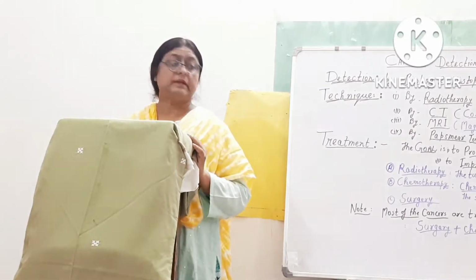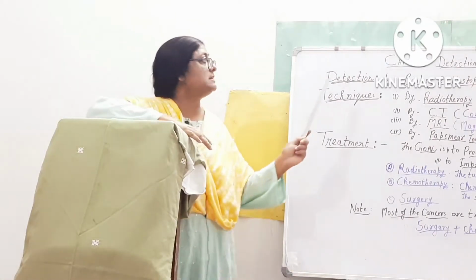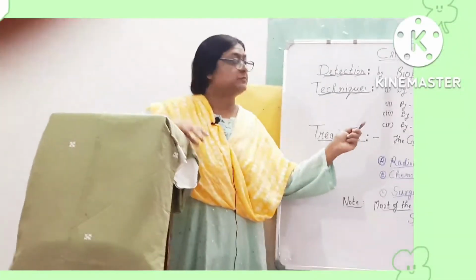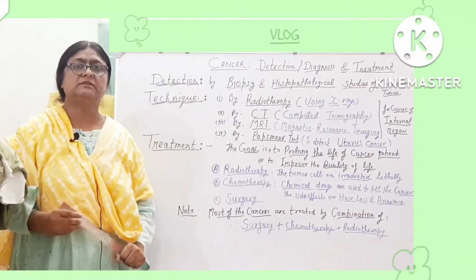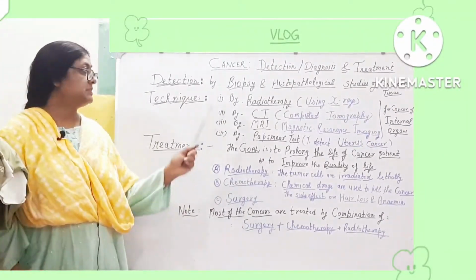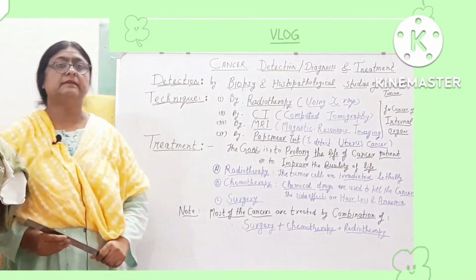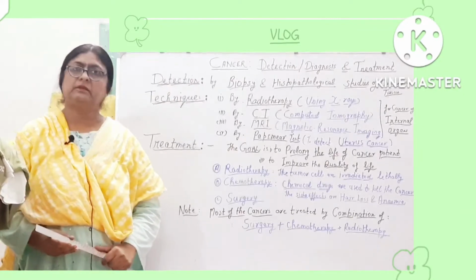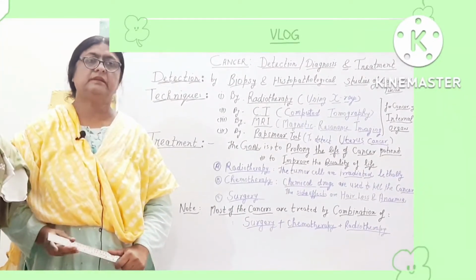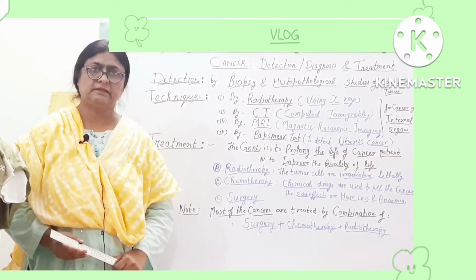The first one, as I have written on the board also, is biopsy and histopathological studies by the doctors or scientists. Biopsy is a part of the cancer tissue which is cut off from the body of the patient, from the organ where the cancer is detected.